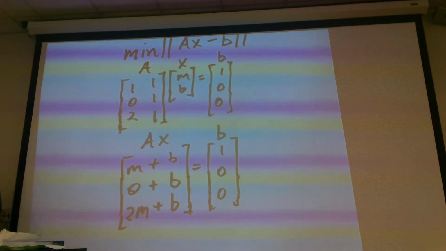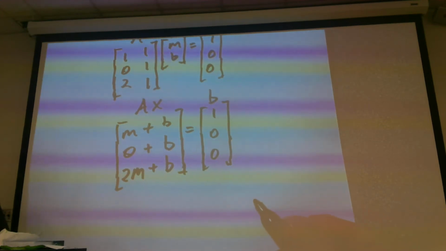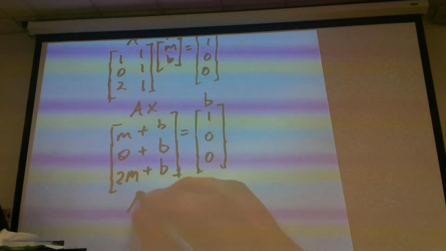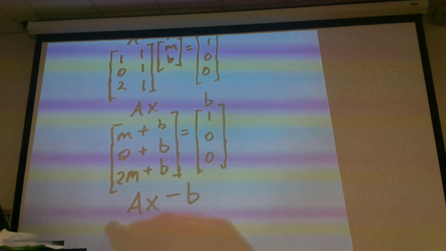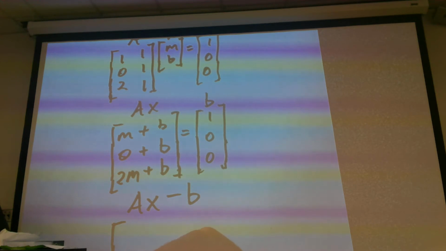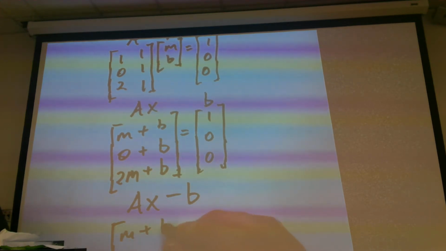So that means that ax minus b is m plus b minus 1, and then that would be just b.